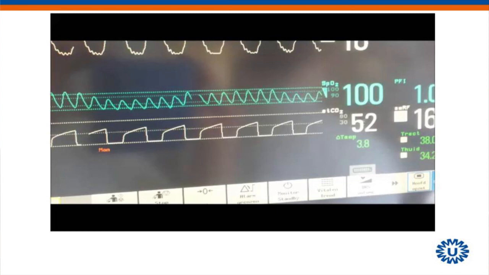What do you see here when you're looking at those loops? What can you tell me about compliance? What you see is a lot of pressure is needed before volume is going in. So the compliance must be decreased.